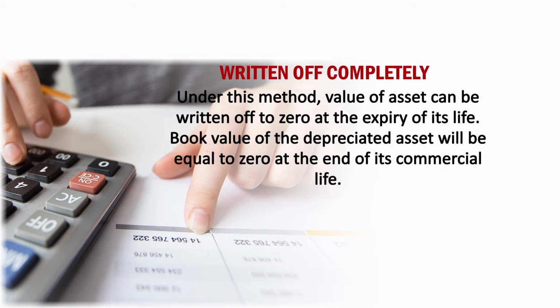When we charge the amount of depreciation evenly throughout the expected useful life of the asset, the book value of the asset becomes 0 at the end of its expected useful life. It means the entire amount of the cost of the asset can be charged as depreciation.